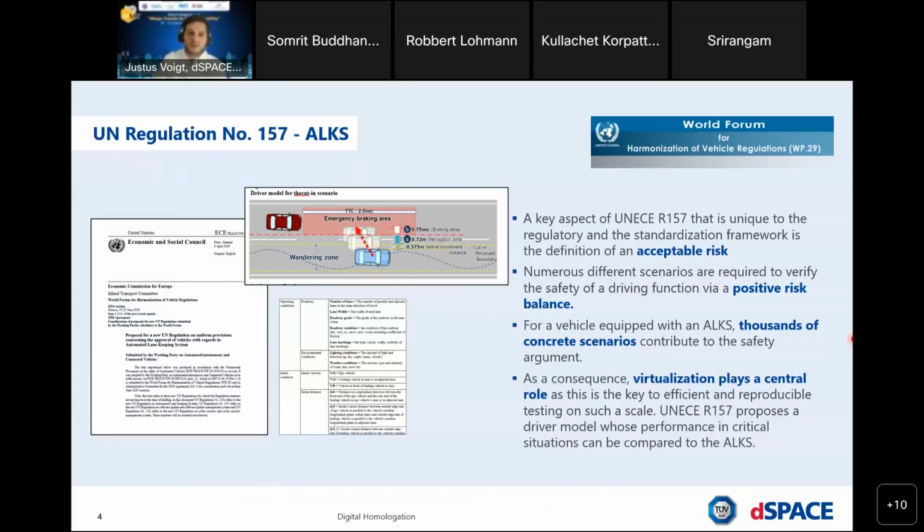When we are talking about this, we are talking about scenario-based testing. As you can see in this picture and in this sheet, the scenario is already exactly defined in the regulation. This is one test case for the ECU under test in a simulation environment with a digital twin of the vehicle and its environment, for example.